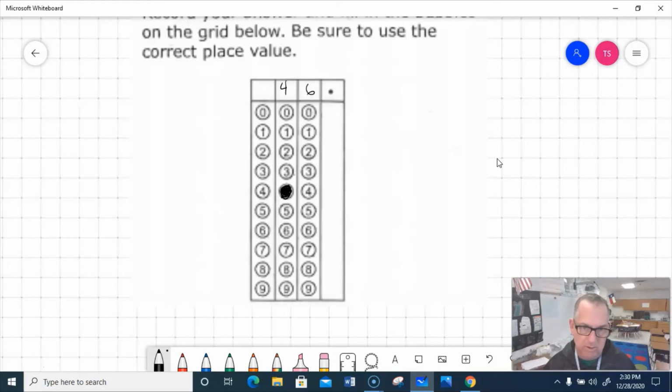Make sure I don't see any white left in there. I want to stay inside my line right there. And then 6, same thing. We're going to take our time and bubble it in dark and neat, where you don't see any white in there. That way when they scan it for us, it gets the right answer for us. So that means she got 46 more books.